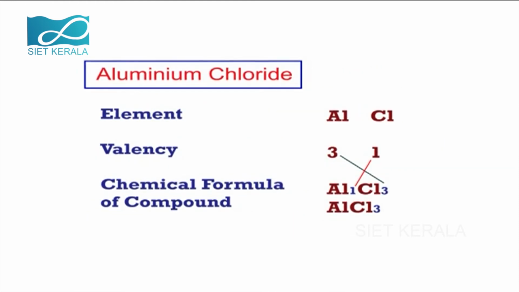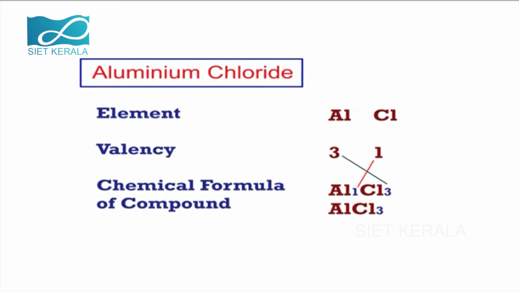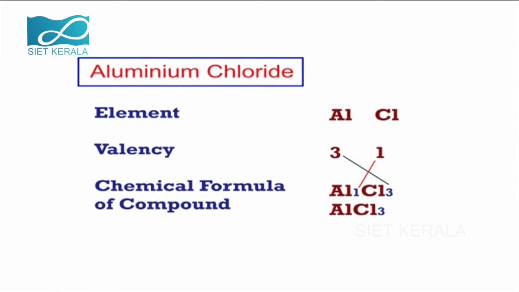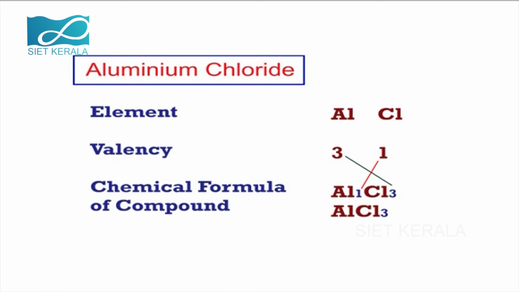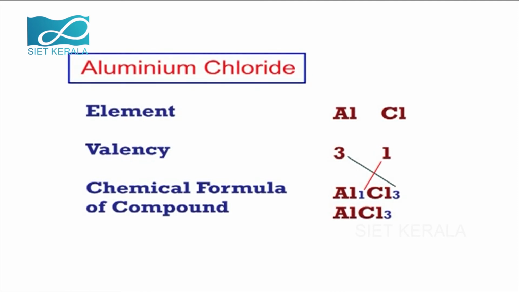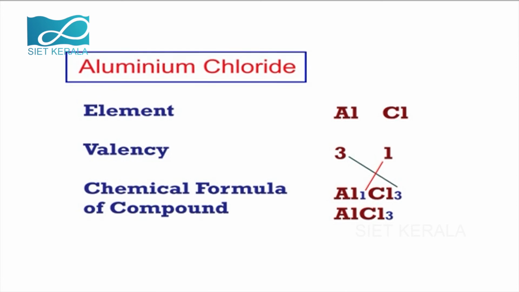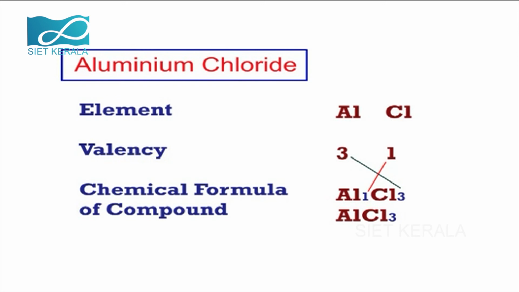Let us write the chemical formula of aluminum chloride. Aluminum has lower electronegativity, so Al is written first. Then write chlorine, Cl. Aluminum has a valency of 3, and chlorine has 1. Now, exchange them and write a suffix to each atom, as Al1Cl3.